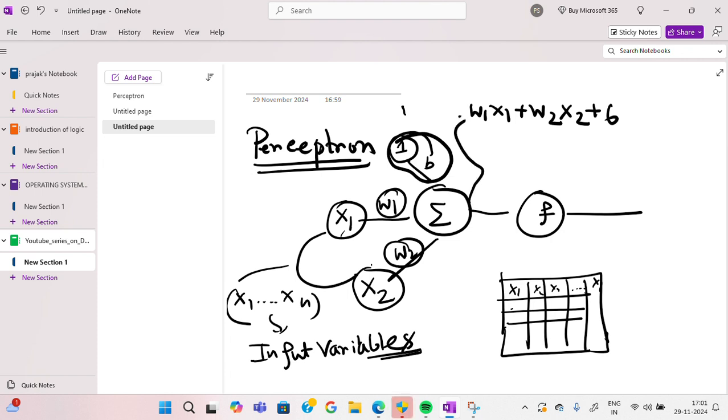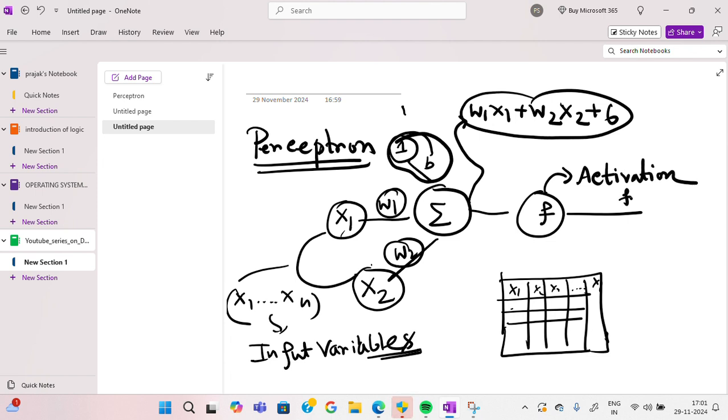This value will be passed on, and finally here our activation function comes.